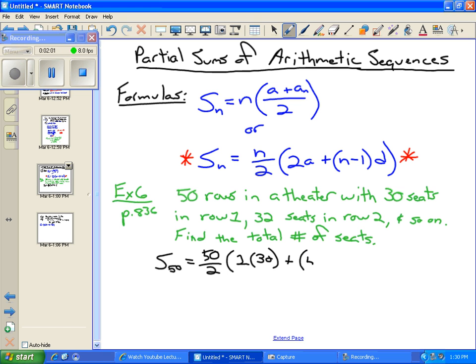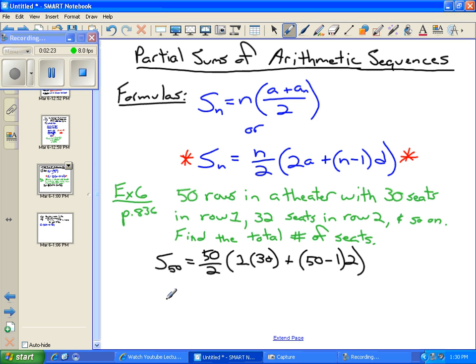Remember, N is 50, so we got 50 minus 1. And D is the change. So how do they change? It goes from 30 to 32 to 34. So D is going to be 2. So we just got to evaluate this expression to figure out what's going on.